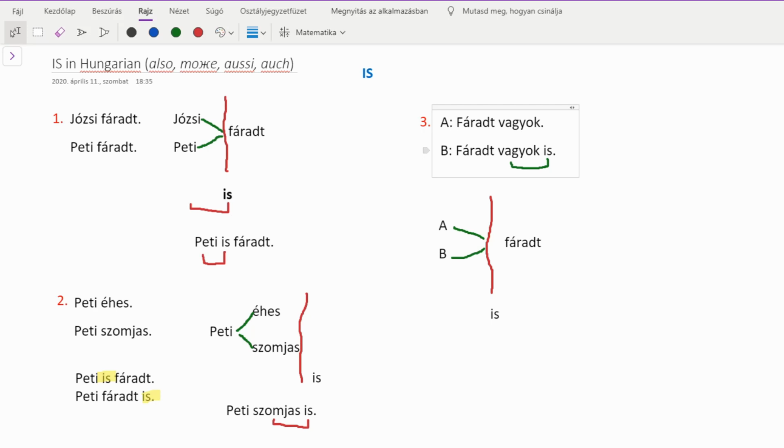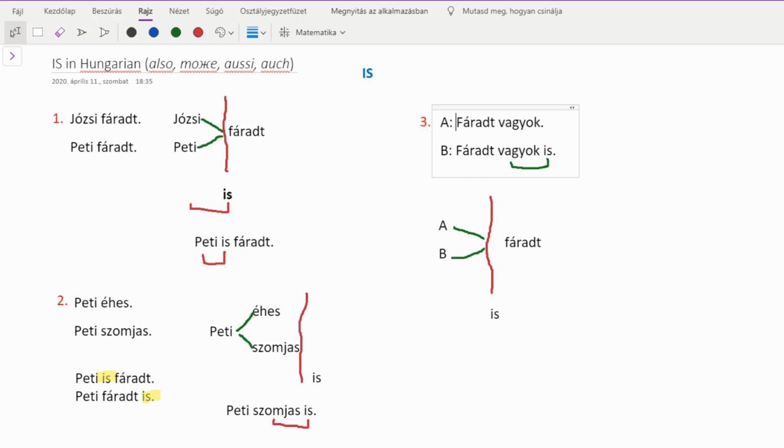Okay, so where should we put it? Should we put the ish to the initial position of the sentence? We could, but it won't work. Is fáradt vagyok, it's not good.